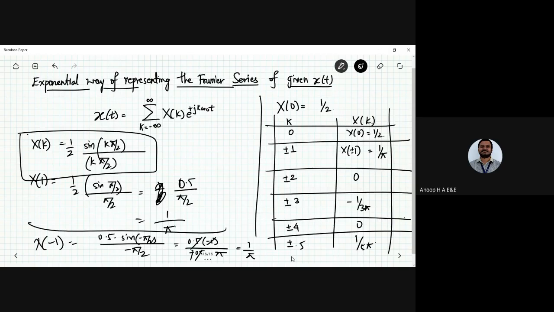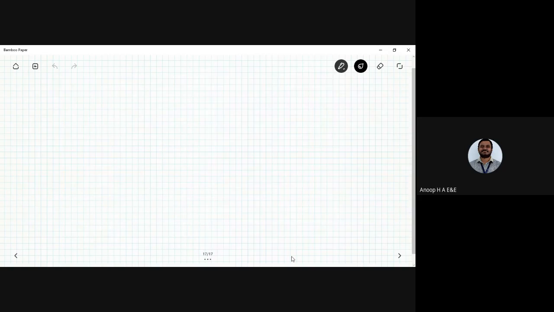So this is how you are going to write it for x of k. Now for the exponential Fourier series representation, you can write it and represent the values quite clearly.